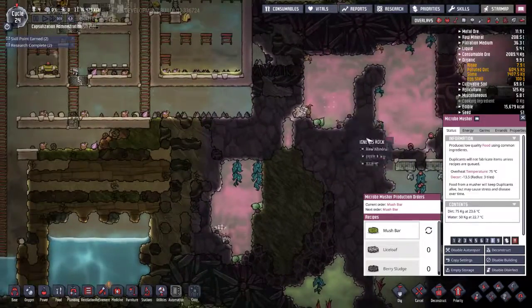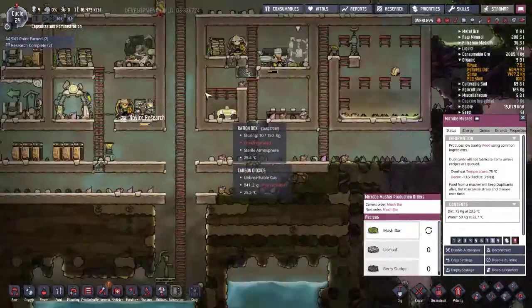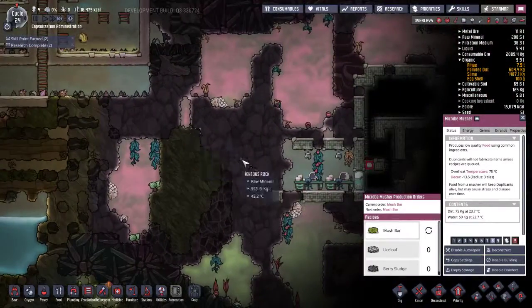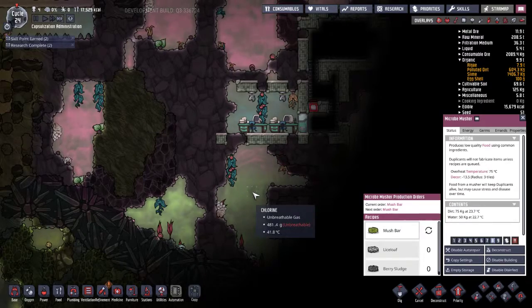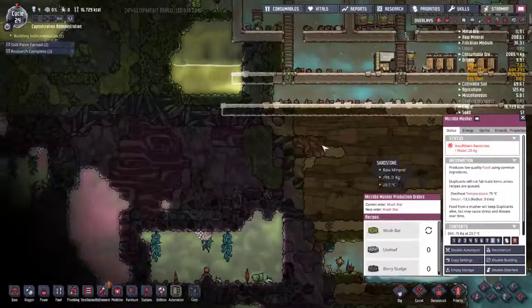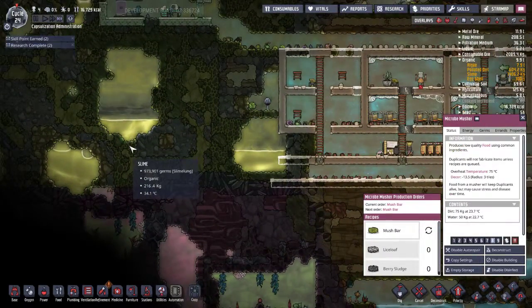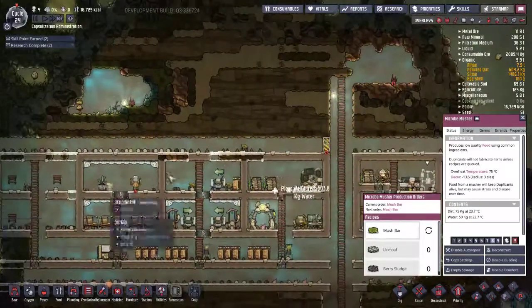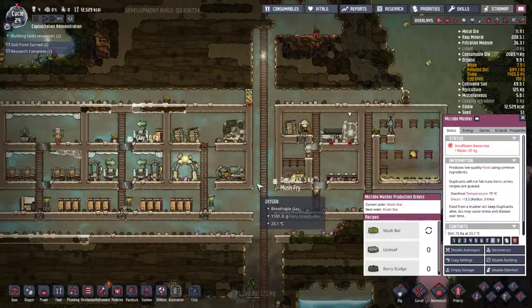I definitely want to dig right first, because that will give me the chlorine and hydrogen, so that I can use the ore scrubbers when I go into the slime biome, so that they don't come back with nasty ore.